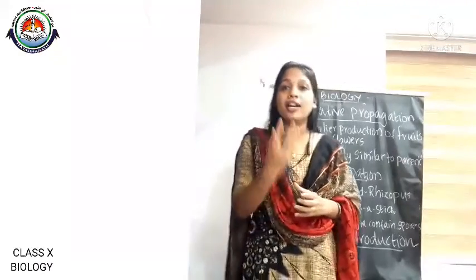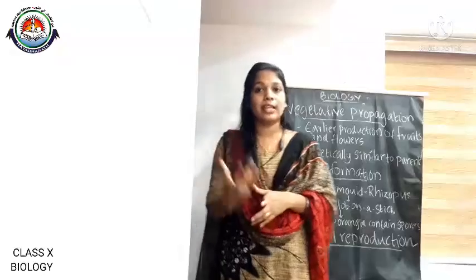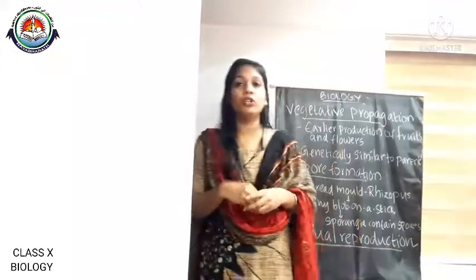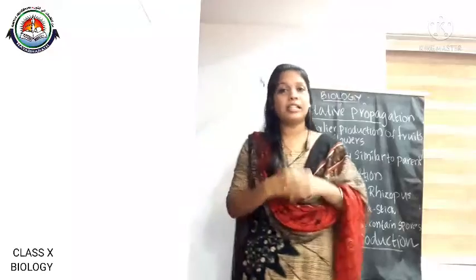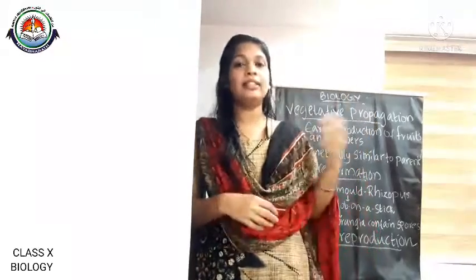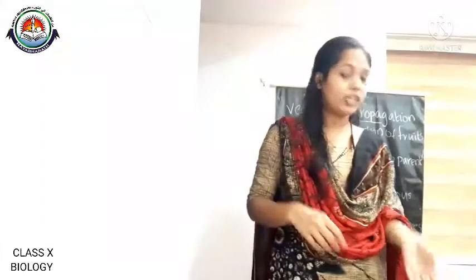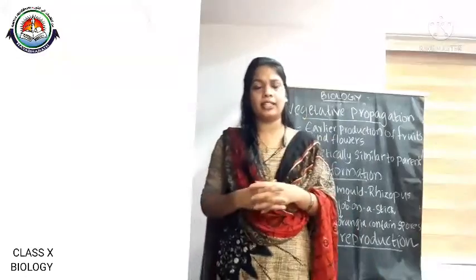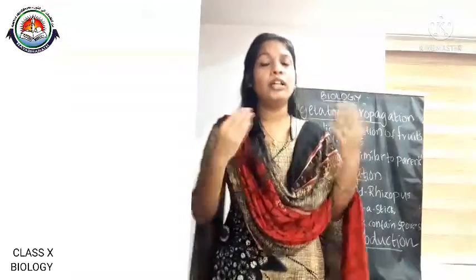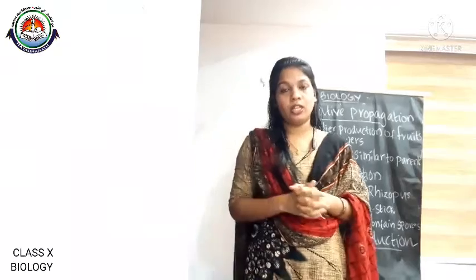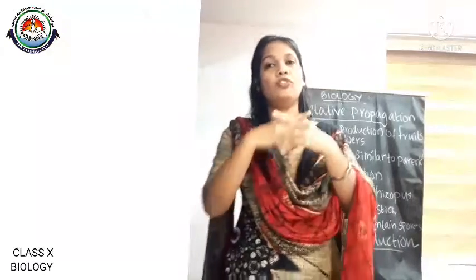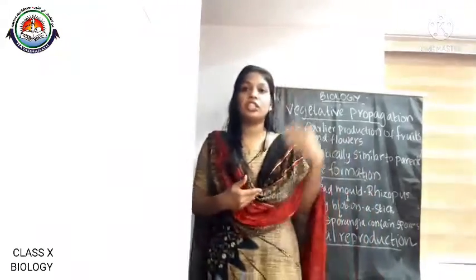The vegetative parts of plants like roots, stems and leaves can be used for raising a new individual under suitable conditions. In that kind of propagation, only plants are selected. Animals are not selected for vegetative propagation. Only plants have this ability of propagating by vegetative parts.